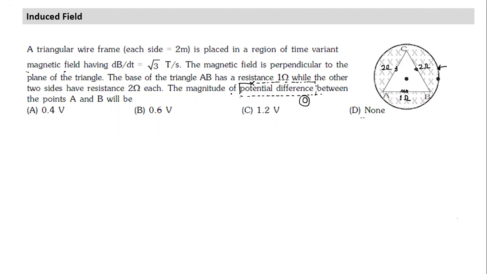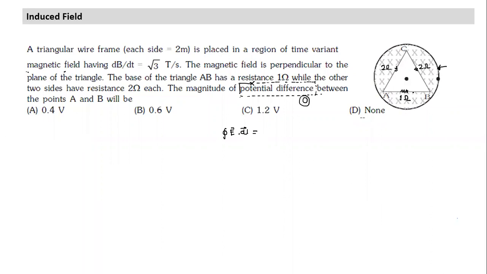Sometimes the question may be given to mislead you. Whenever this is there, the current will flow, but this is not potential difference. We will not call it potential difference. Can we ask what is ∮E·dl between A and B? Yes, you can. That is easy to calculate.